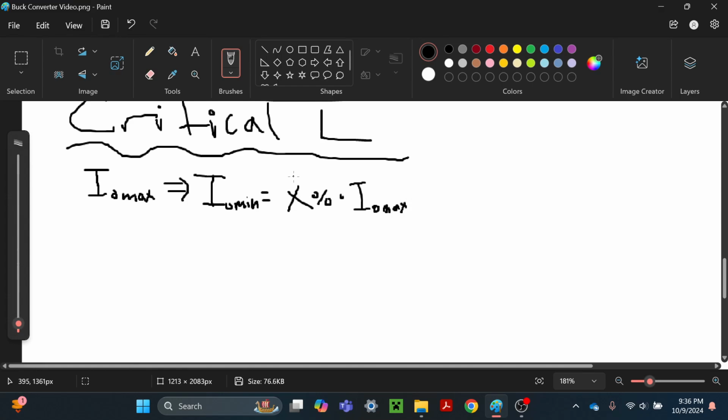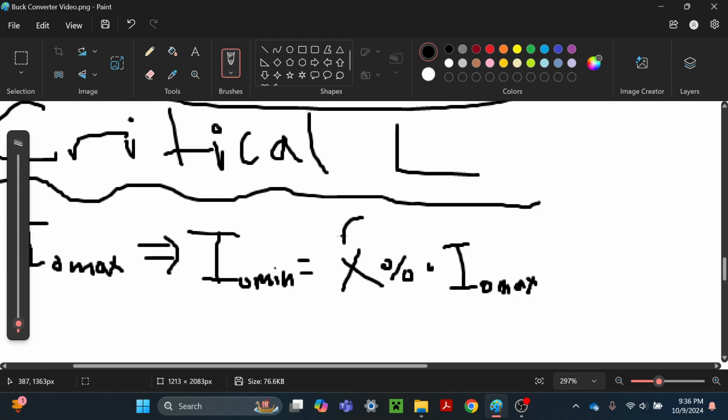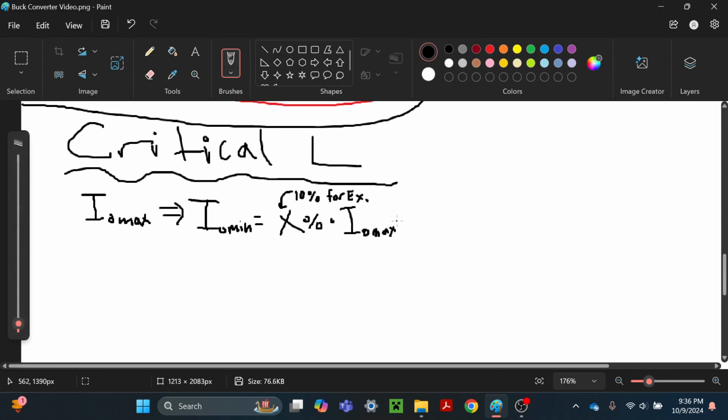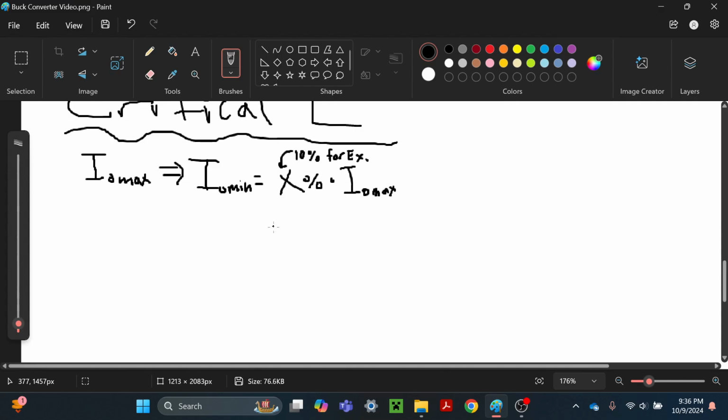An example of this could be 10%. So with that, we're going to need to calculate what the inductor will need to be to maintain barrier conduction mode.